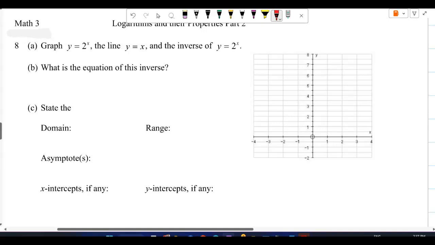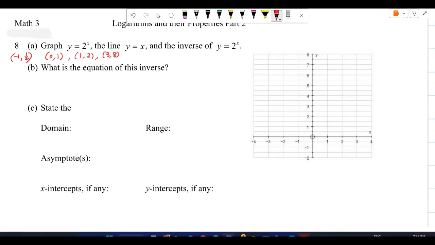So what are the points you can take? You can use 0, 1. Then 1, 2. Then 3, 8. Can you take a negative value also? Negative 1: 2 raised to -1 is what? Half.